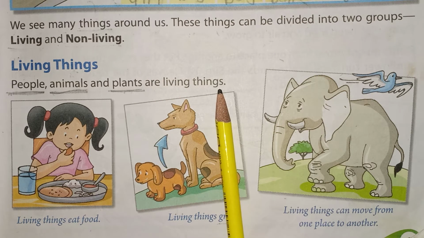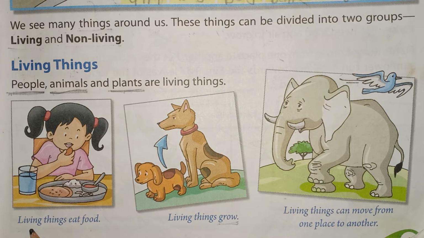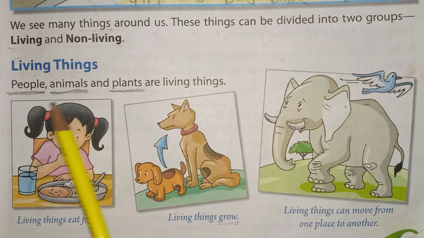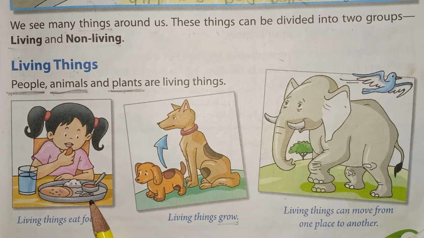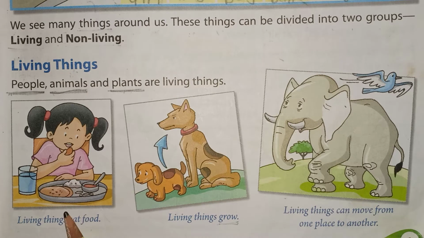Now what do they do so that we call them living things? Let's see. Living things eat food. All the living things need food to live. So the first picture is showing the girl. She is eating food.